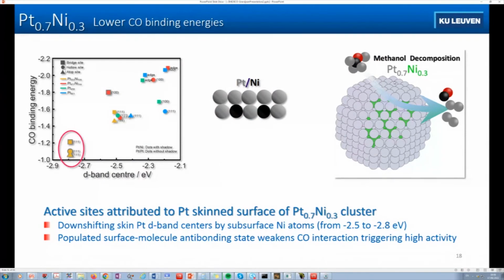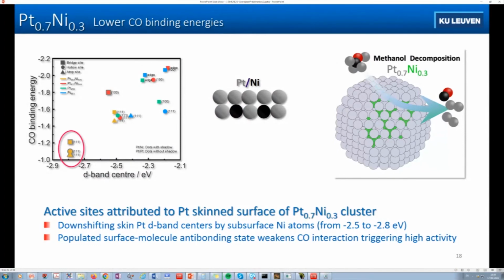So the surface of the cluster is really platinum, but just underneath you have a lot of nickel. And if you make the calculation, you can see very well that, so this is the CO binding energy as a function of the d-band center of platinum. So you know, when you're making an alloy, you're changing the d-band position.